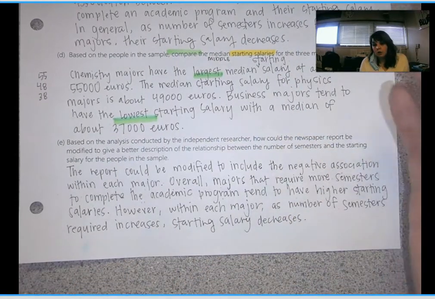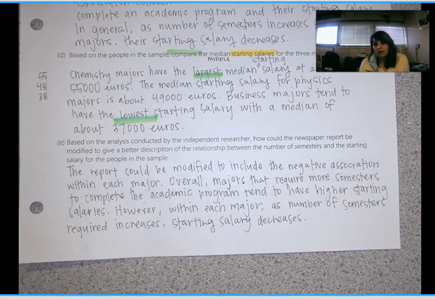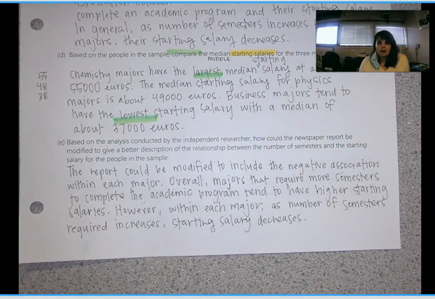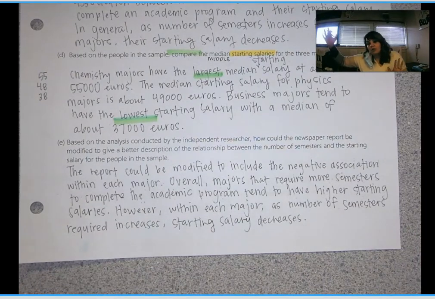Now you have an idea of how they might expect you to stretch your understanding or show your ability to analyze a set of data that you haven't necessarily seen before and analyze it differently. I'm not sure that we have talked in depth about scatter plots that have an overall positive association, but then within it there's a negative association.